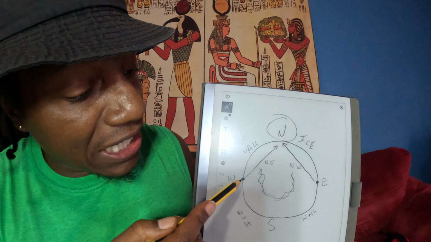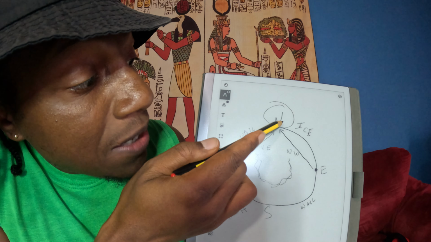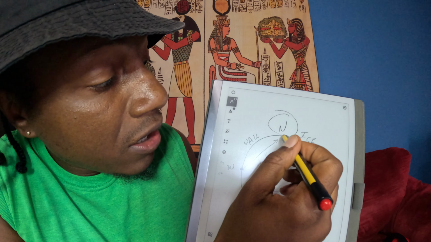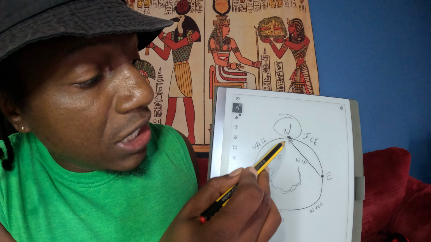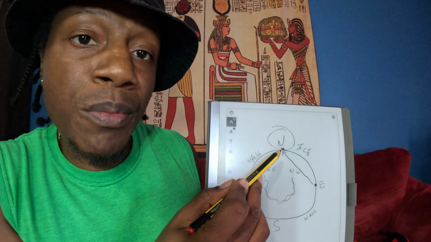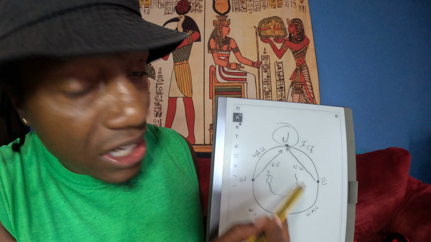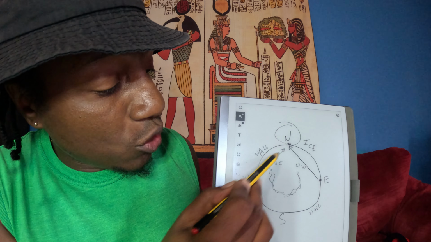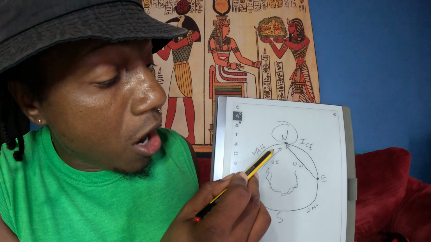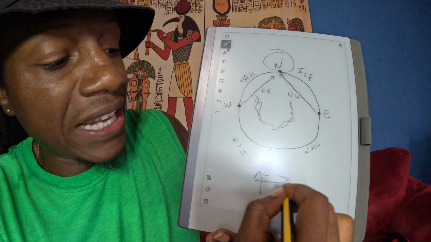Because if I was standing on the west side of the earth and looked at the North Pole directly here, right there, and started walking, well, then you will run straight into the North Pole. But you will be traveling in a northeast direction, right? Because you're going in a diagonal. That means you're going up and over. So you're doing this. You're going up, but you're also going over at the same time.